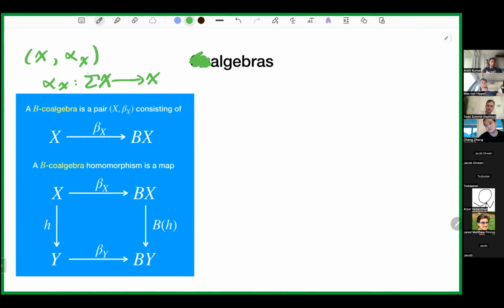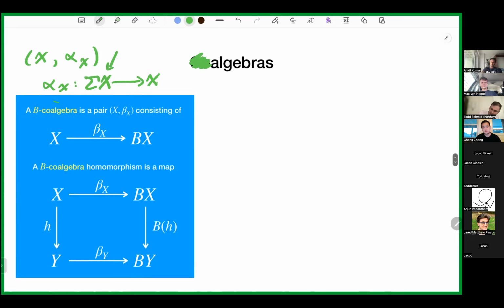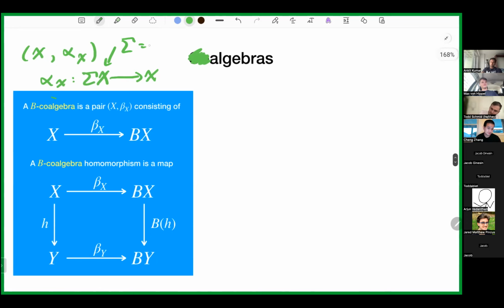This sigma here basically builds all of the different possible things that you could interpret as elements of X algebraically, and the alpha X actually does that interpretation. So for example, for monoids, sigma is X squared for the multiplication, and then 1 for the constant. And this alpha tells you how to interpret the constant and how to do the multiplication.